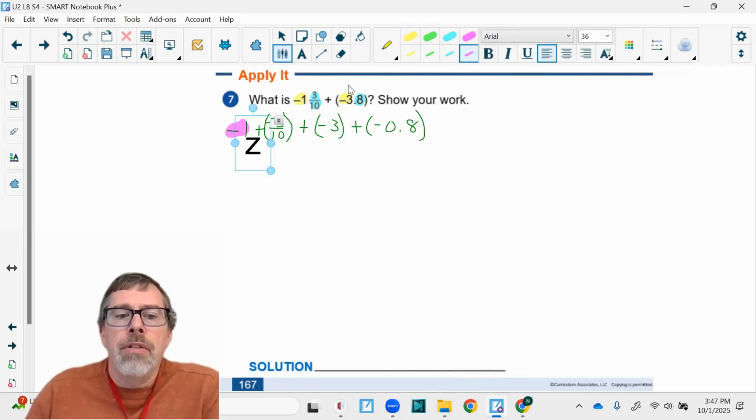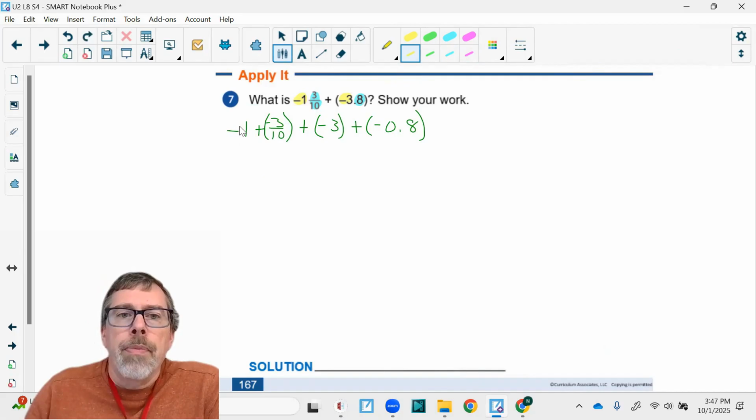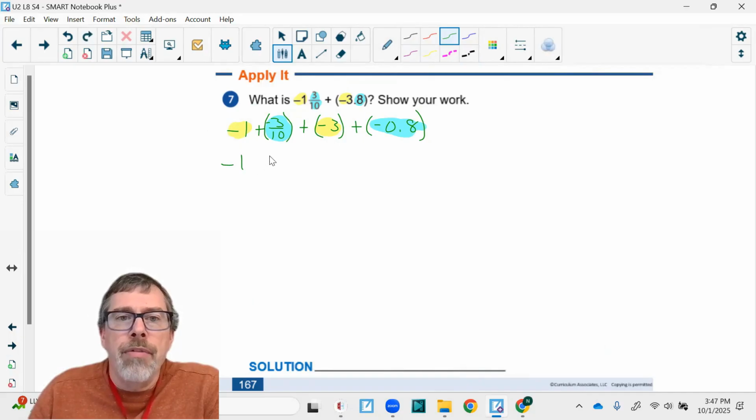Okay. I'll focus on the fraction and decimal in a minute, but before I do that, I'm going to use the same colors just so we know. This is an integer. So is this. What do I use? Blue. This is a rational number. So is this. Okay. So we're going to rearrange this so they're next to each other. So -1. The other yellow is -3.